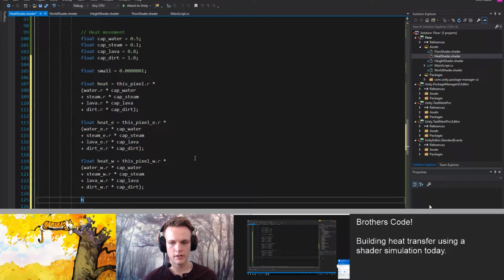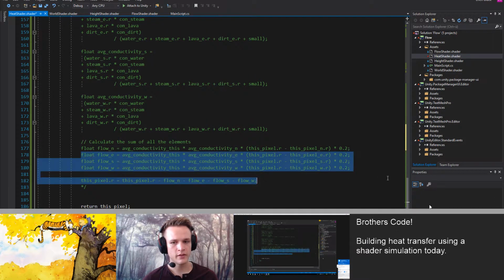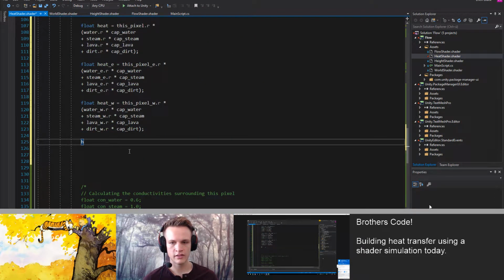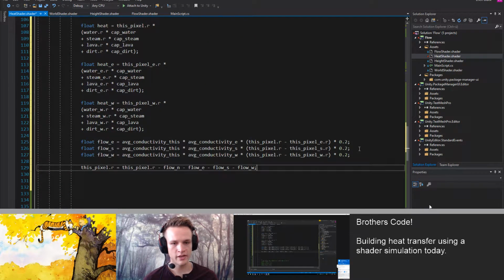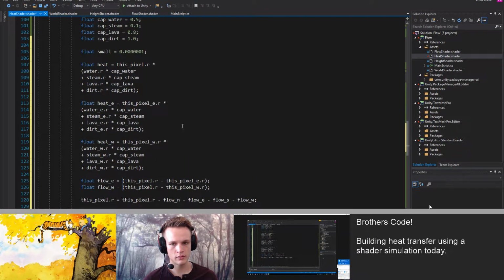Well, the heat needs to flow, and this pixel needs to flow. Unlike temperature, all the heat can flow out of this cell. So the intuition is that it's just dependent on the flow. It's not dependent on anything relative between the two.